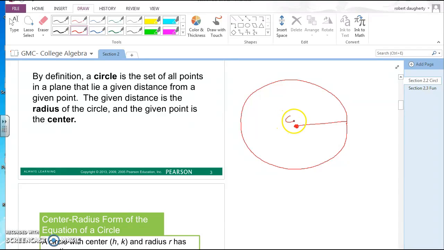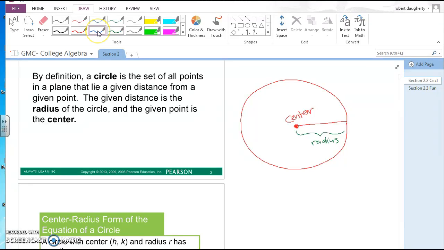Obviously that is the center of your circle, and the distance from here to here is the radius. That's the distance from the center to the edge of the circle.